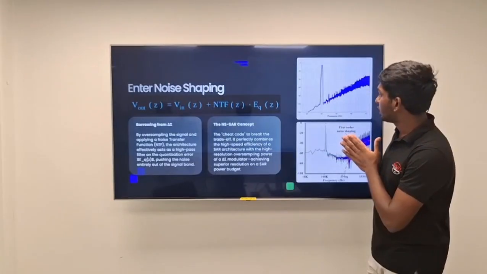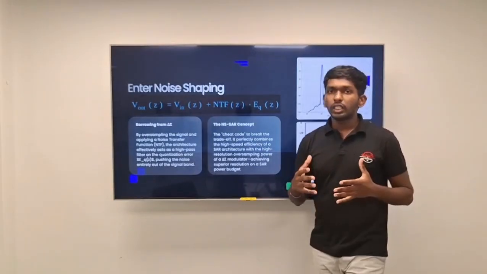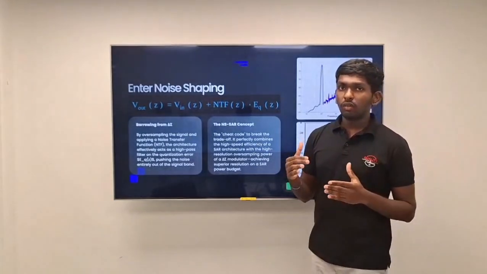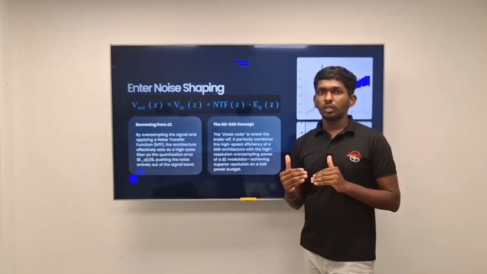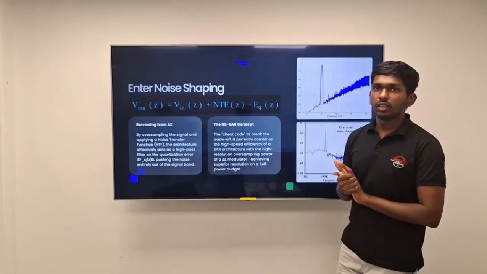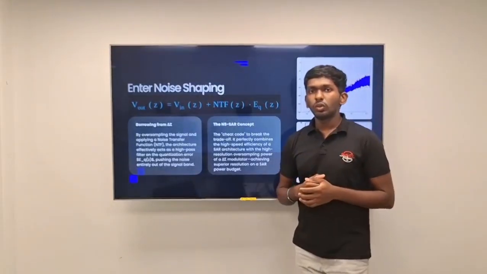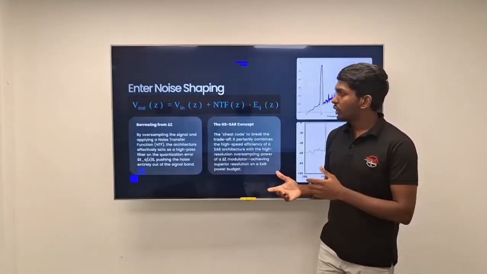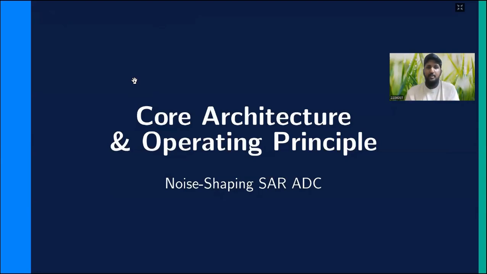By doing this, we are able to achieve higher resolution with low power consumption. So that is what a noise shaping ADC really is. So I welcome Ahmad to explain the rest. Over to you, Ahmad. Thank you.